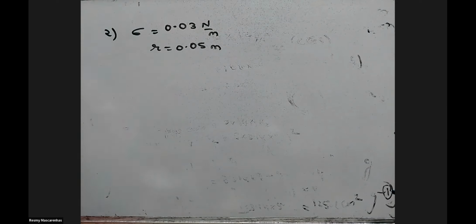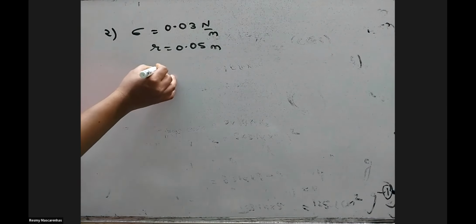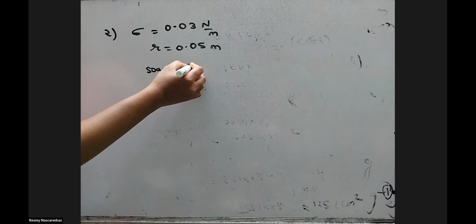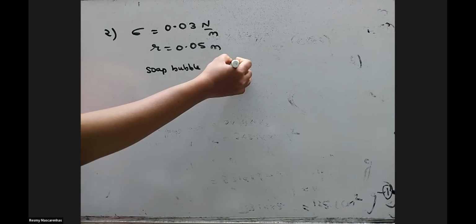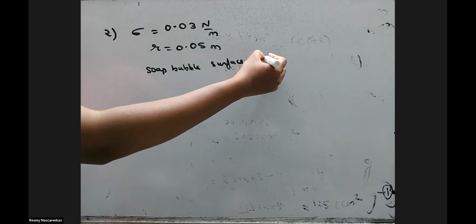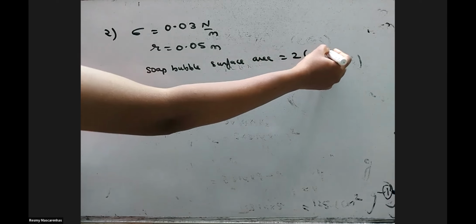Now, it's a soap bubble. Surface area will be, you have to take 2 times, I told you.